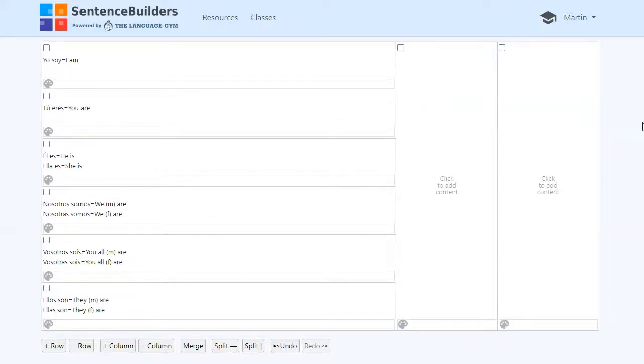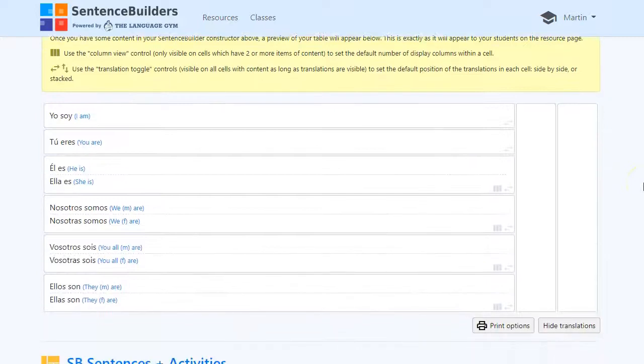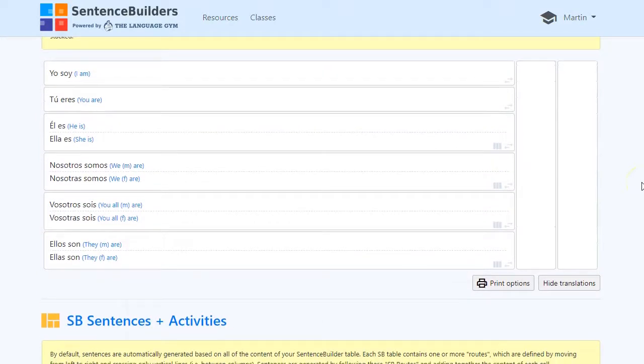So now we have our subject pronoun split into 6 different groups to match the 6 different parts of the verb. And if we scroll down, we can see what our table looks like so far. So we have our 6 different sections there.